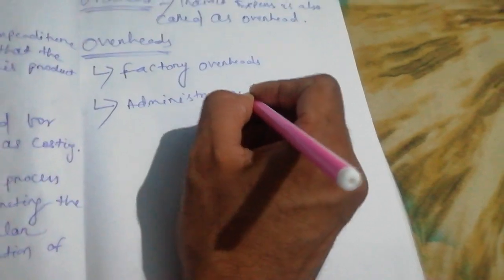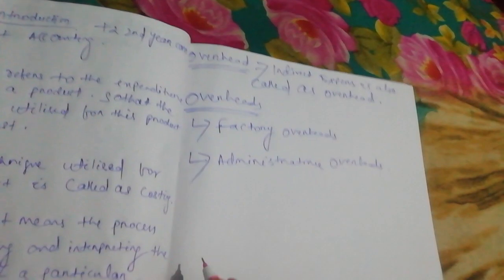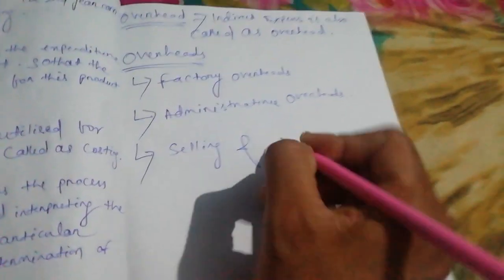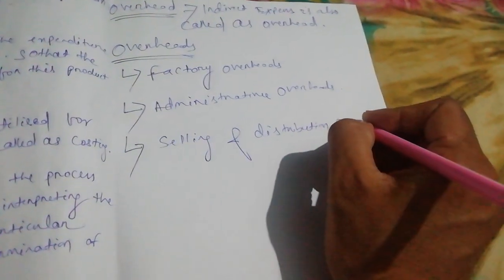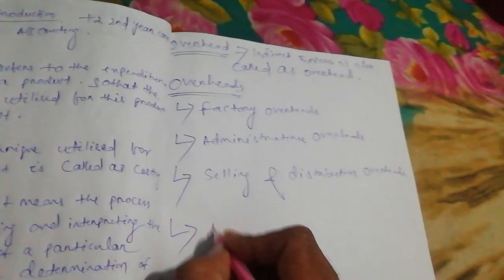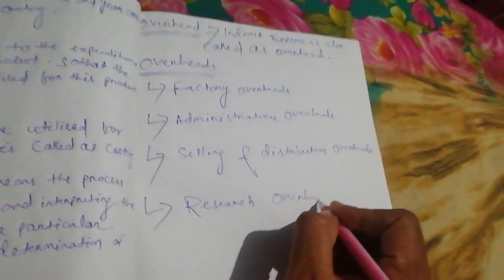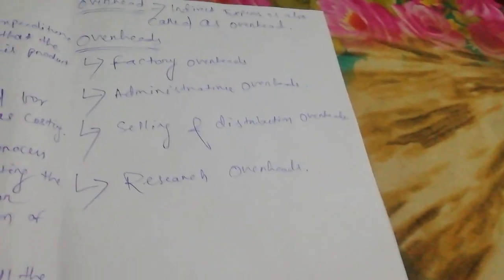Next one is administrative overheads. Next one is selling and distribution overheads. Next one is research overheads. Okay.